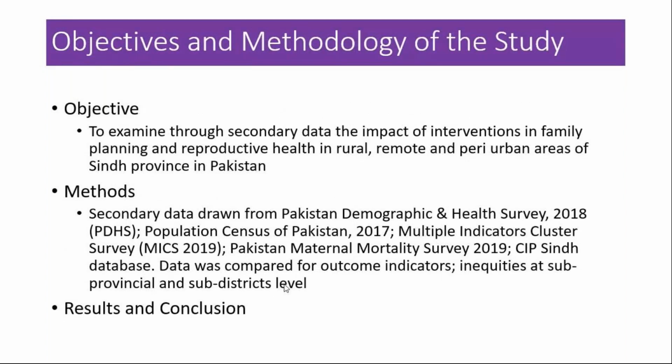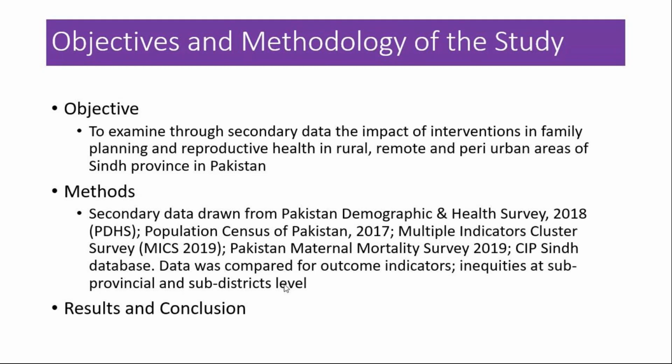The objectives of my paper were to examine, through secondary data, the impact of interventions in family planning and reproductive health in rural, remote, and peri-urban areas of Sindh province in Pakistan, which is a southern province in the country.